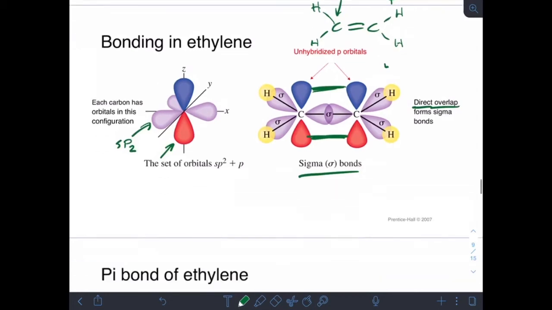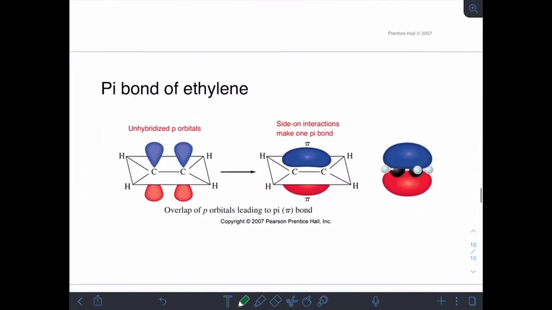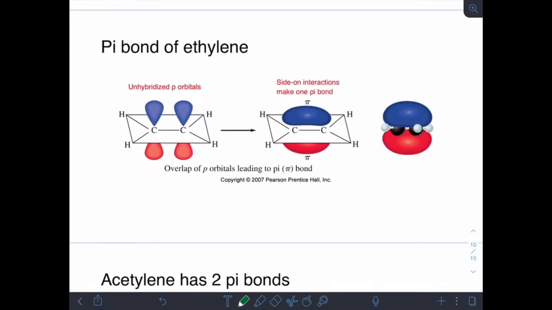Let's take a look at what that looks like. Over here, this plane is all of my sp2 bonding, all being done in the sp2. And then I've got these unhybridized p orbitals, and they're going to share at a distance. So these are side-on interactions.